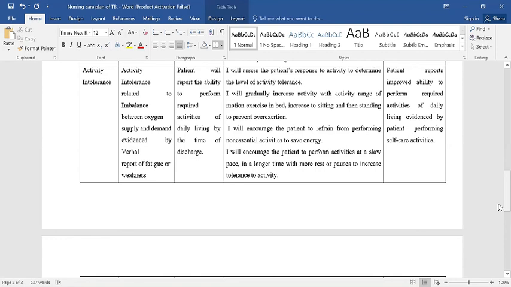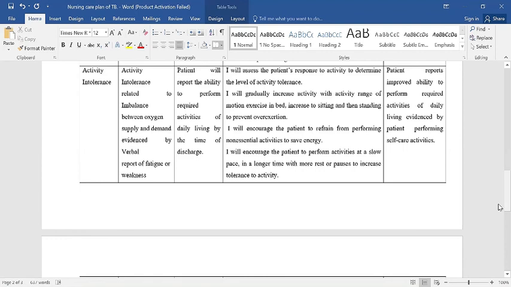The first thing that we are going to do is tell them maybe to move their legs, their hands, their limbs while they're in bed. From there, we are now going to tell them to start sitting. Then we are going to ask them to start standing gradually so that we do not put too much pressure on them.